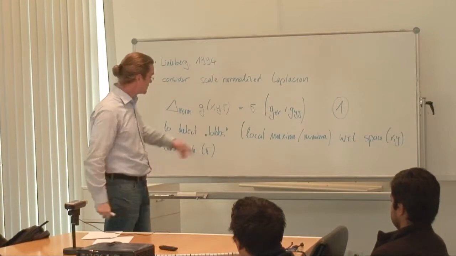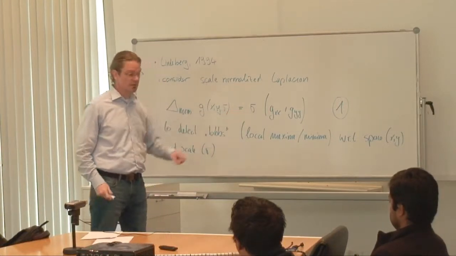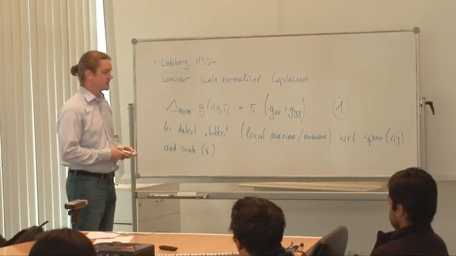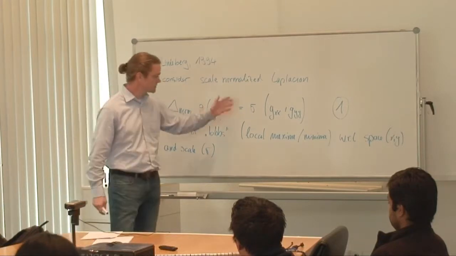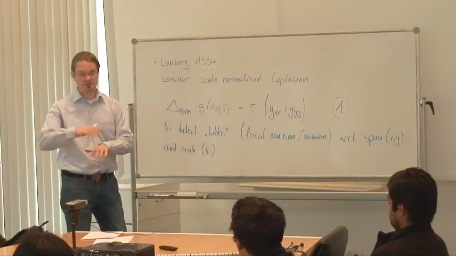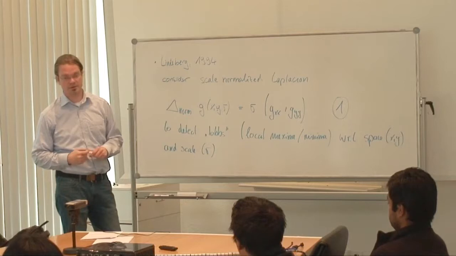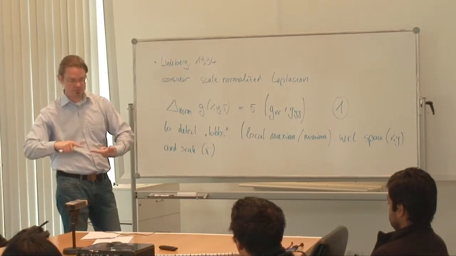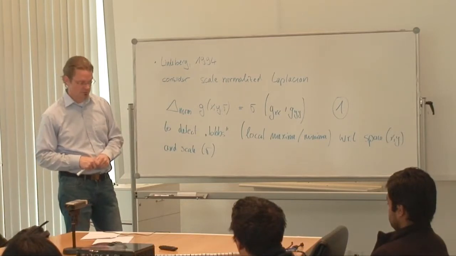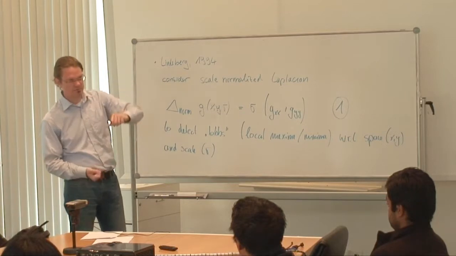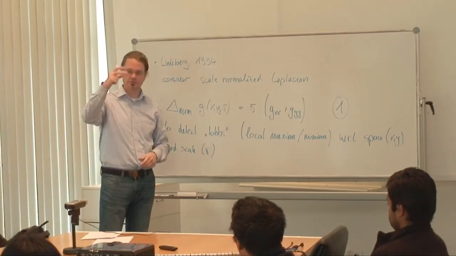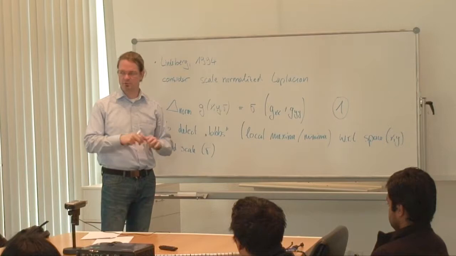If we multiply this with a certain sigma, then we can do all this for different choices of sigma and stack these images on top of each other, and instead of a two-dimensional response structure we would then have a three-dimensional response structure, and in that we could look for local maxima and minima.